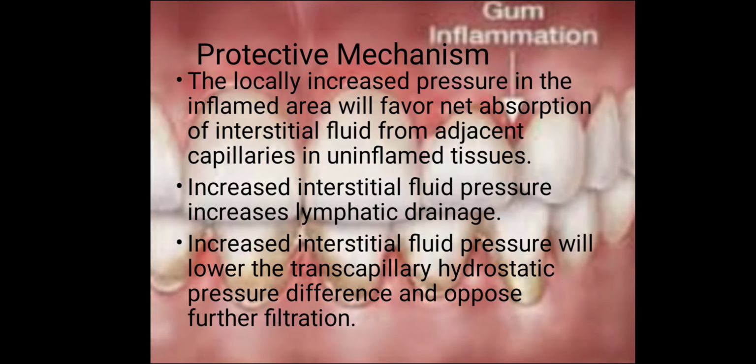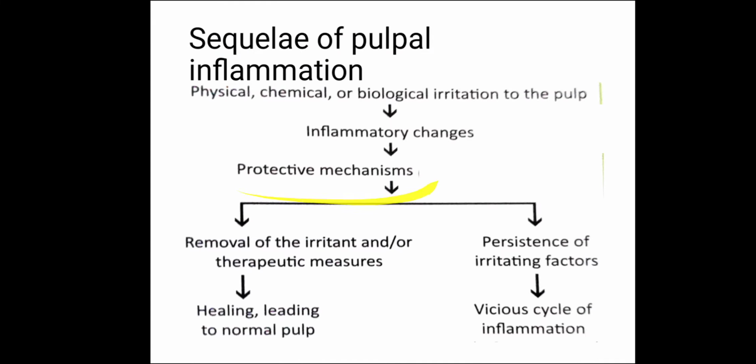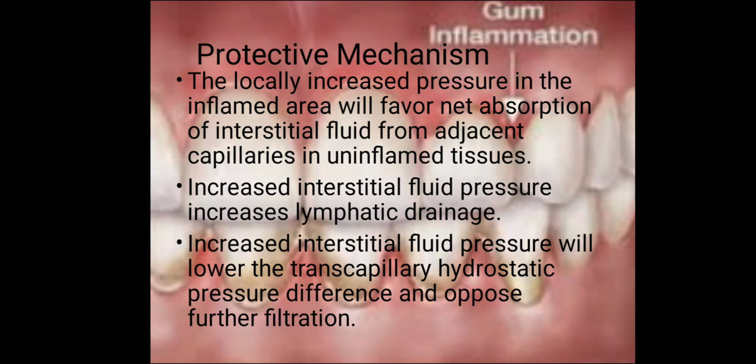Now coming to the protective mechanism. The protective mechanism is helpful in limiting the pressure increase within the affected pulp, so it decreases that pressure. How would it do that? A locally increased pressure in the inflamed area will favor net absorption of what? Interstitial fluid.